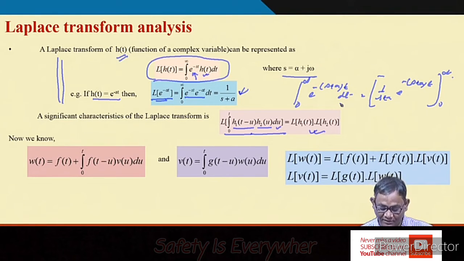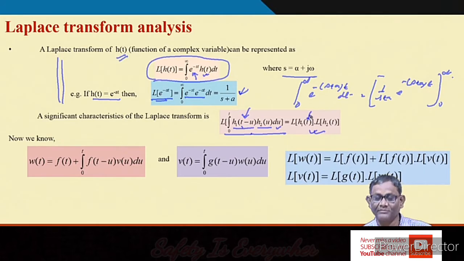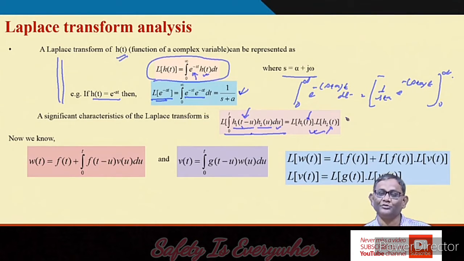See here, h1(t minus u) is there, please mind it. So, t minus u is converted to t only, and h2(u) du, that is no problem, and then h2 becomes h2(t) only, no problem. But the basic, very important one is this. The second one here is the integration.